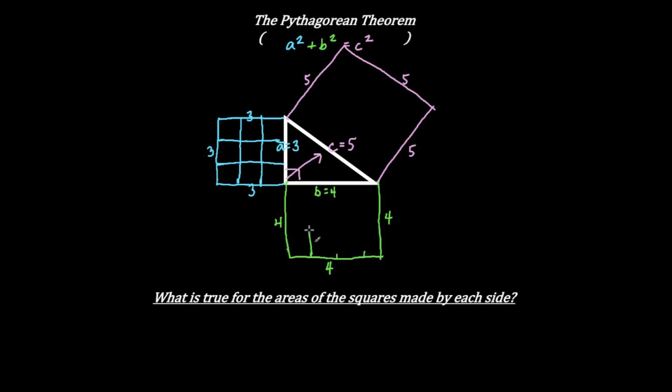It's 4 units long, and then we'll do it here. Remember, these are supposed to be squares. My drawing's not perfect at all, but these are supposed to be squares. 4 times 4 is 16. You have 16 squares. The area is 16.